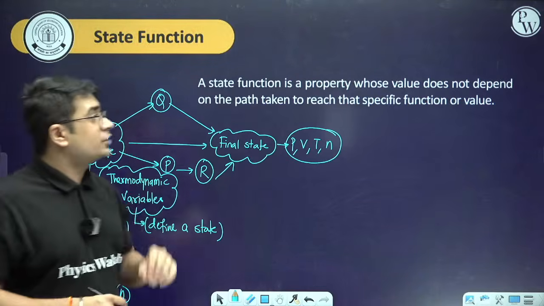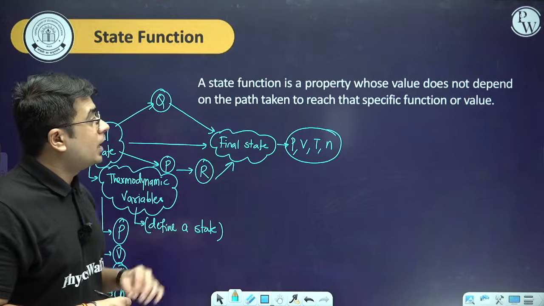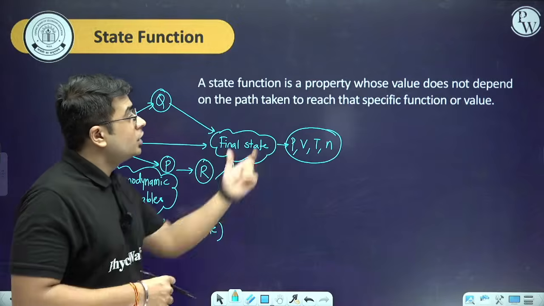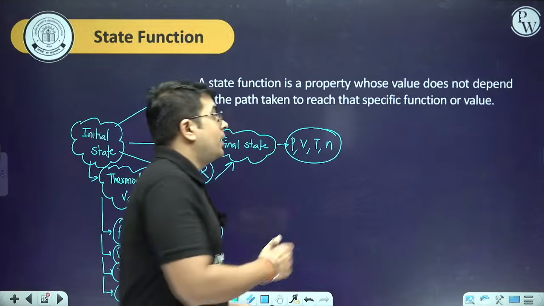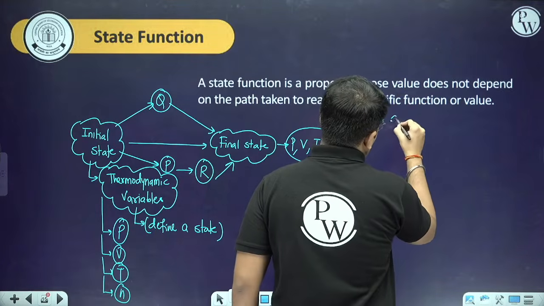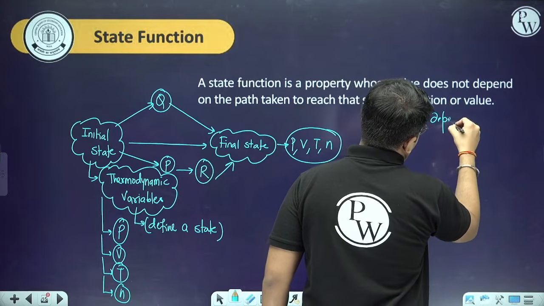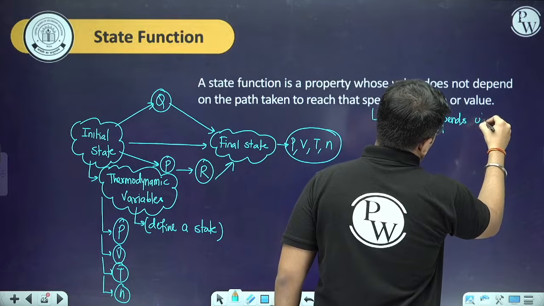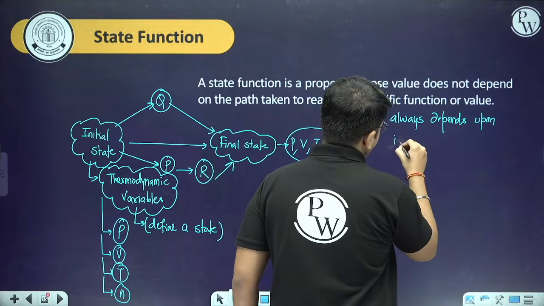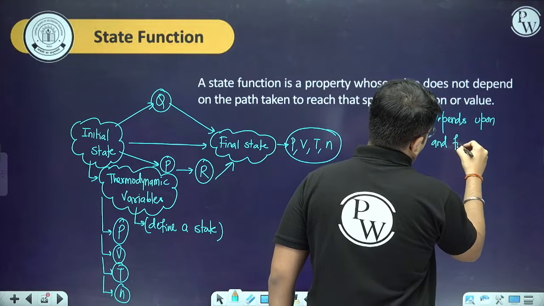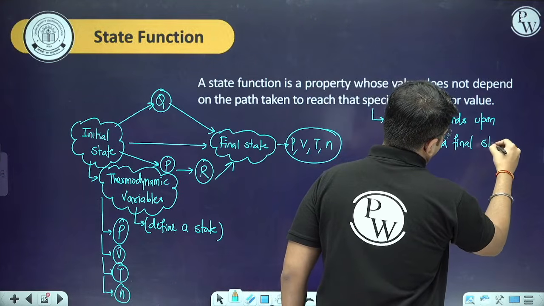Now a state function is basically a property whose value does not depend upon the path taken to reach that specific state, but always depends upon the initial and final state.